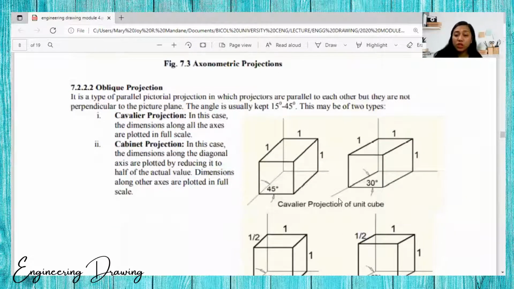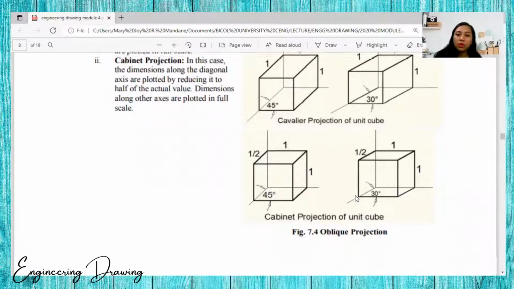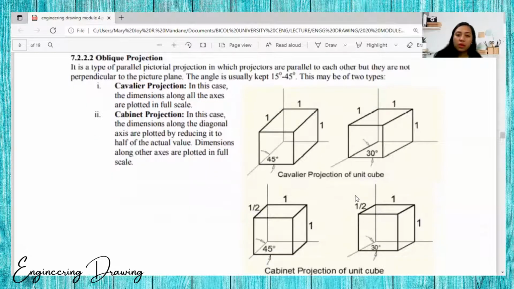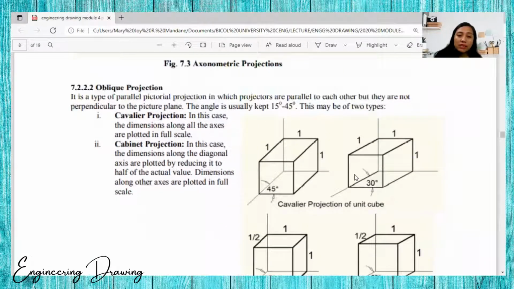So, the cavalier projection of a unit cube, okay? So, this is it. This is the 45 degree, right? And 30 degree. So, there is a difference. That is our cavalier projection. For the cabinet projection of a unit cube, this one uses 45 degrees, with 1/2, 1/1. So, if you see the difference, in the cavalier, all along the axes are plotted in full scale, 1/1, 1/1, okay?